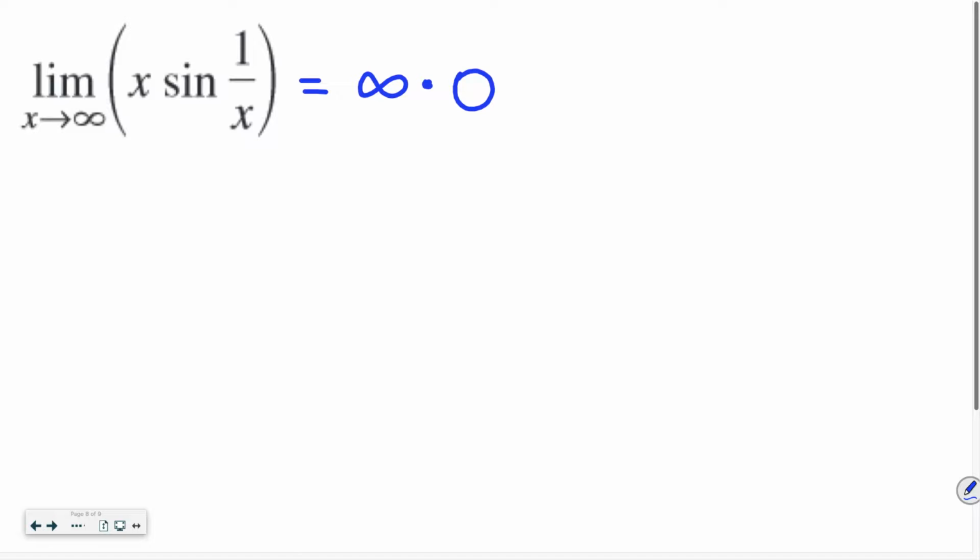We have 0 times infinity. That is indeterminate. Does anybody have a question how we got the 0? Zero times infinity is indeterminate. But do we have a fraction? We have a product because it's 0 times infinity. If I want to make this look like a fraction, what could I do with this x?